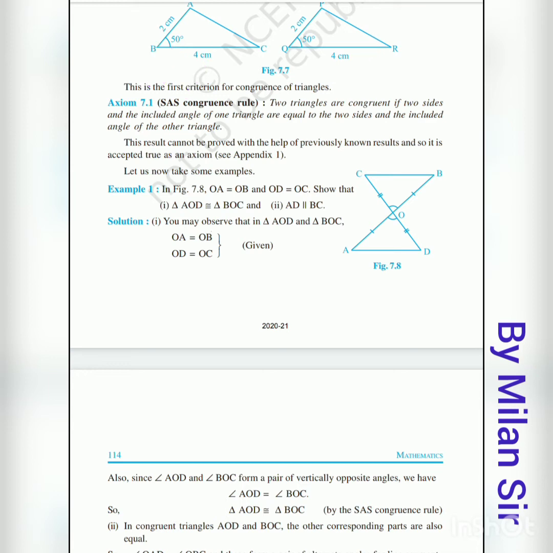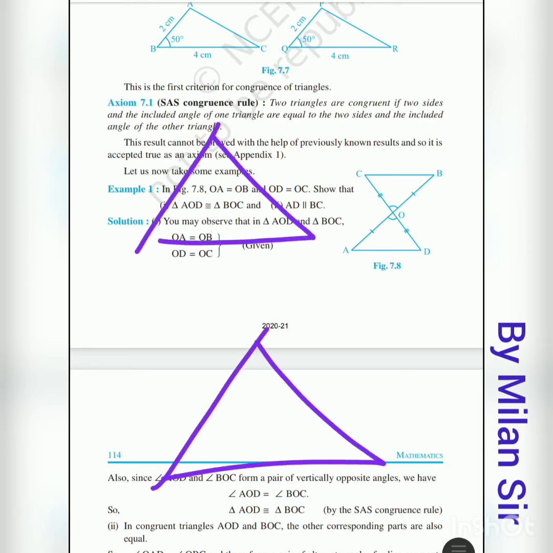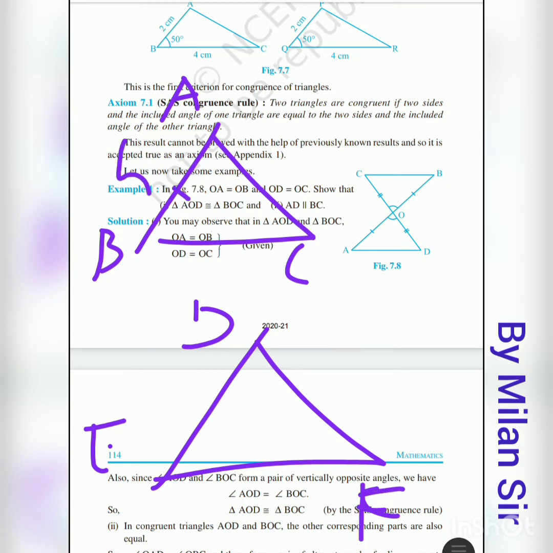That means if we have two triangles ABC, here DEF, side angle side, if here we have measurement 4, here we have measurement 4, here we have measurement 5, and if here we have measurement 5 and angle B is equal with angle F, so here we have the SAS criteria, side angle side criteria.